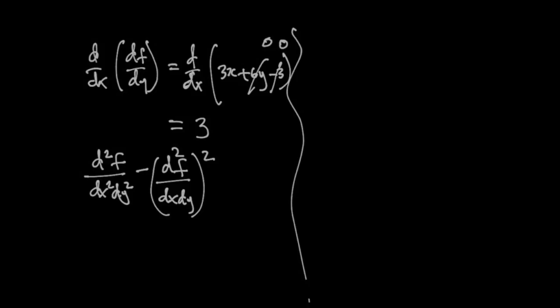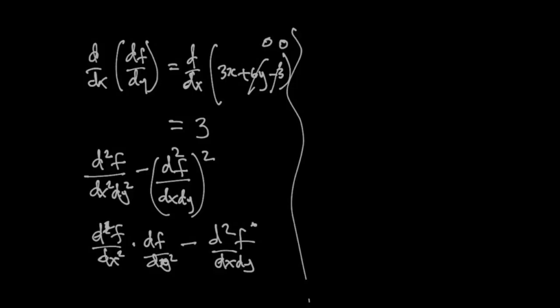So we got 6x on the dx part, and then another 6 on the dy part, minus 3 squared.